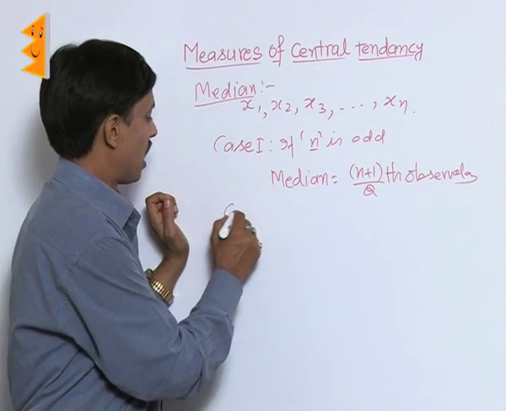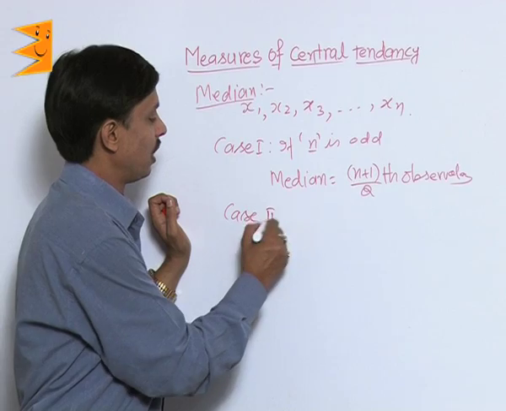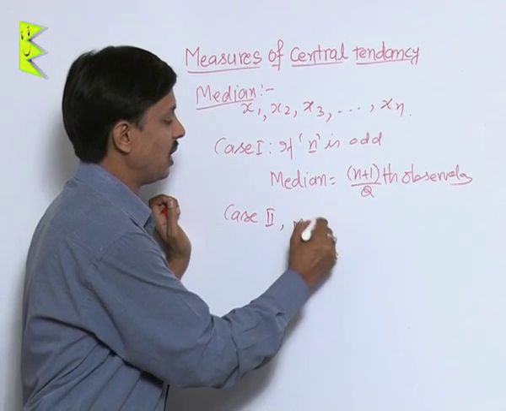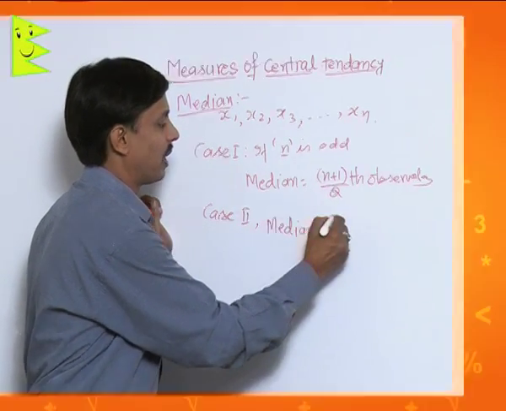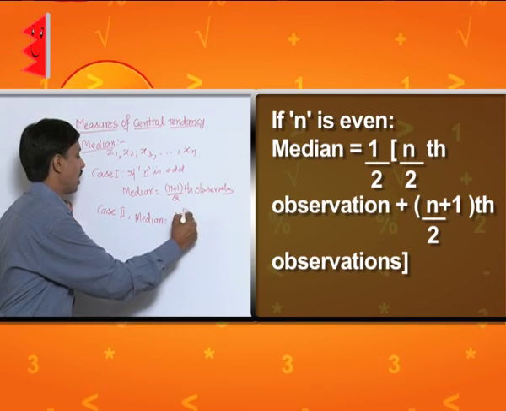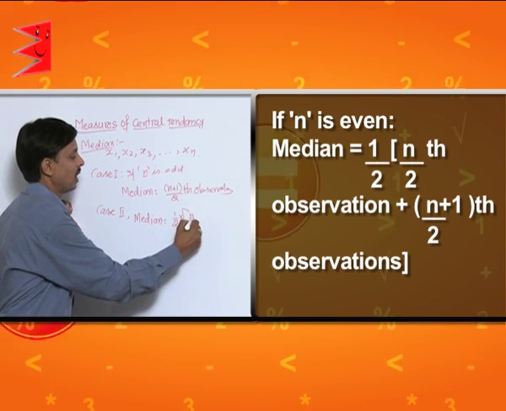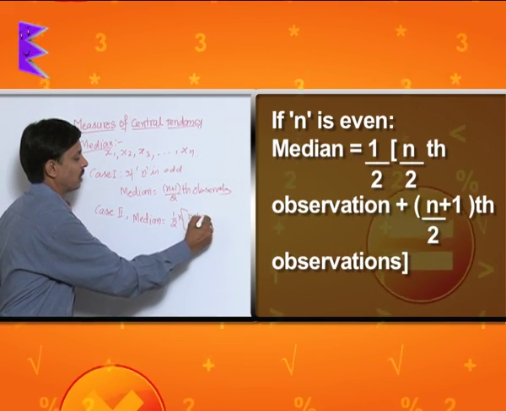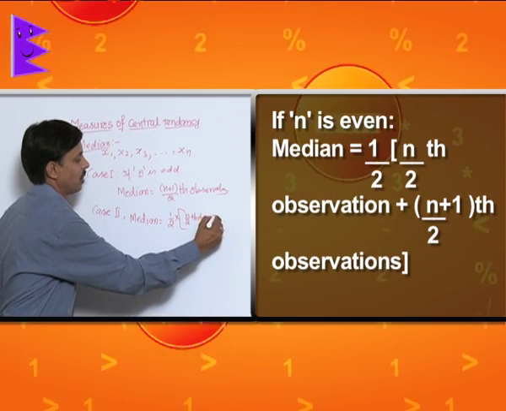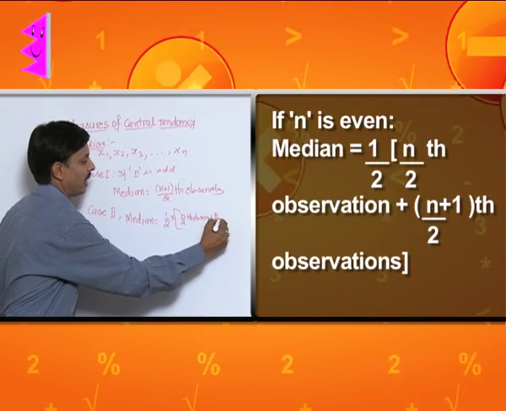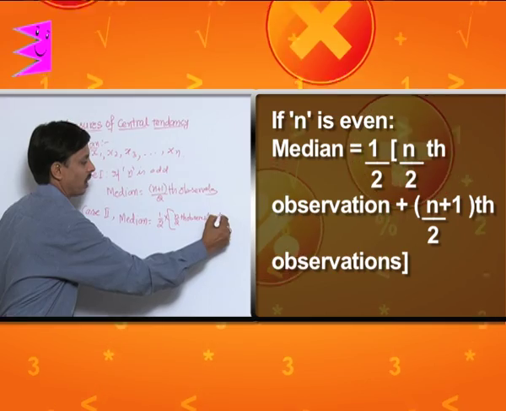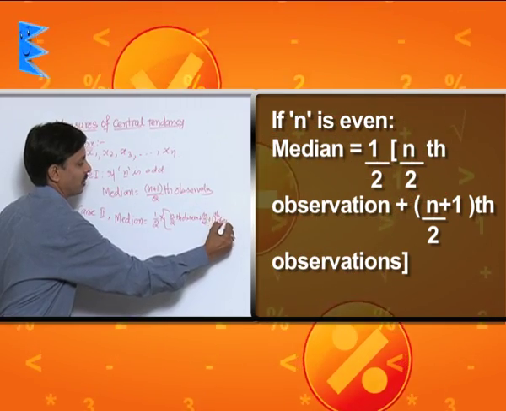Case 2, I am telling you the formula. In case 2, the median is calculated using this formula: half of the n by 2th observation plus the n by 2 plus 1th observation.